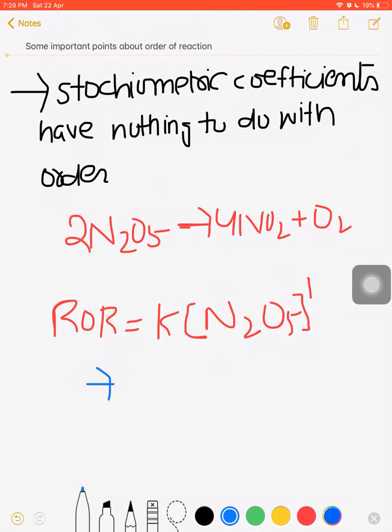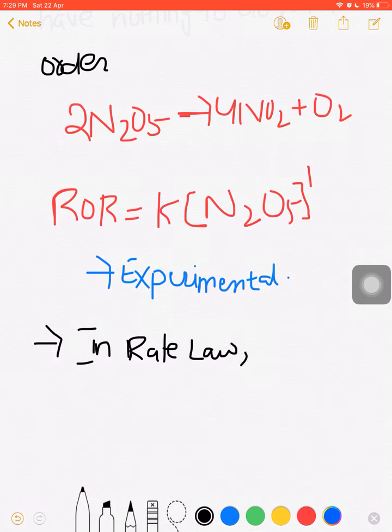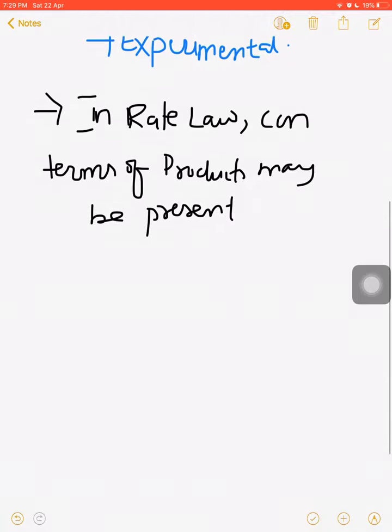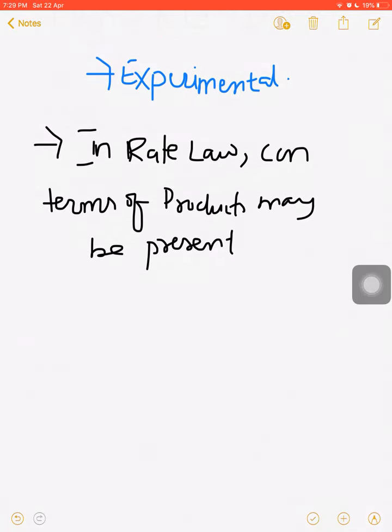Now the second thing is, in rate law, concentration terms of products may be present. Like one in 10,000 reactions, there will be one in which the rate of reaction is also dependent upon the product.